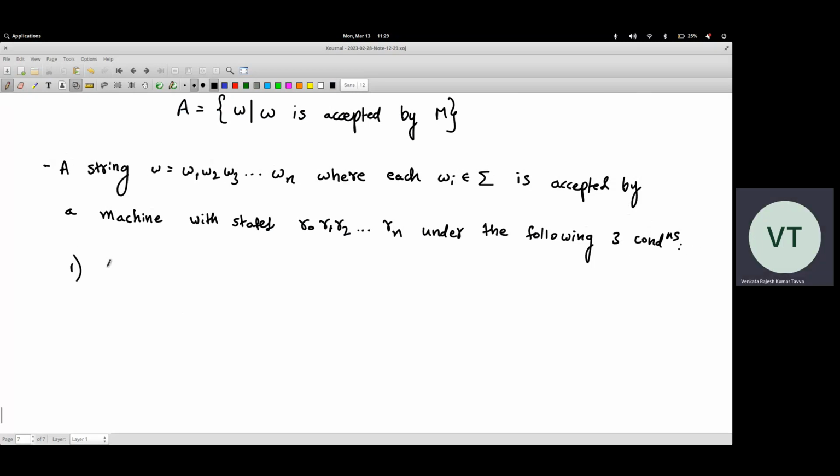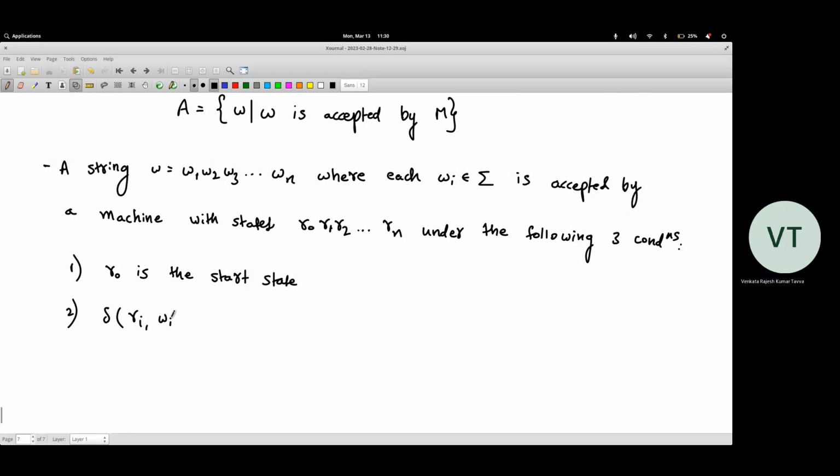So what are the three conditions? R0 is the start state. Delta of Ri, comma omega i plus 1, is equal to Ri plus 1, for 0 less than or equal to i less than or equal to n minus 1. And finally, Rn belongs to F.